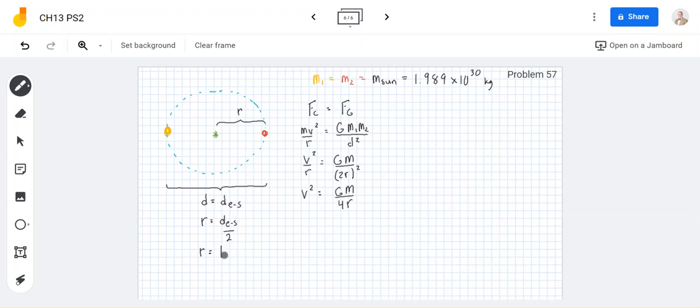So this would be 1.496 times 10 to the 11 meters. We're going to divide that by 2. So that's the R value here. So let me plug this in here and see if we can't solve for the speed.